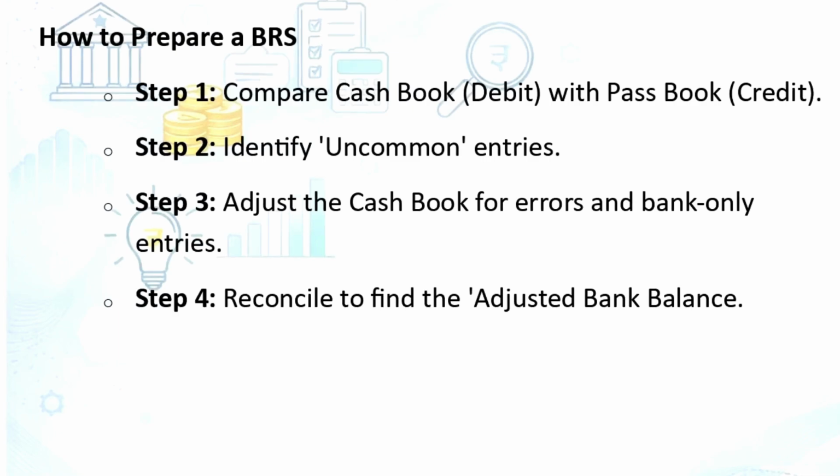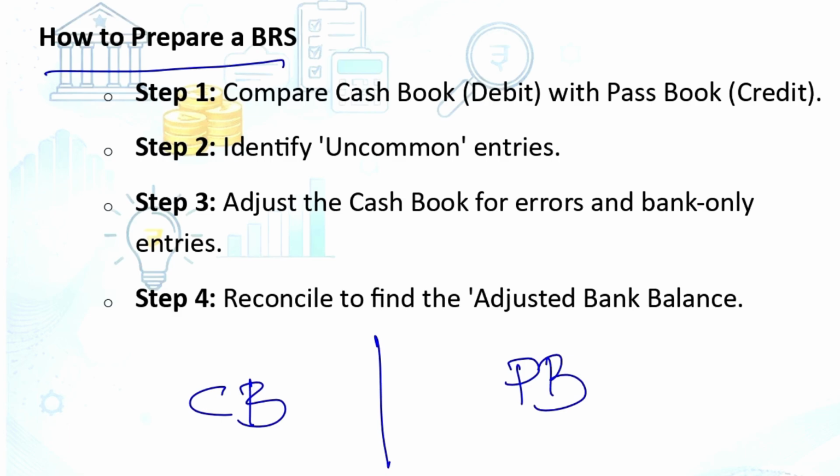Now let's see how to prepare a bank reconciliation statement. To prepare it, you start by comparing your records side by side. Take your cash book on one side and the passbook on the other side. You examine the entries appearing in the cash book and passbook.